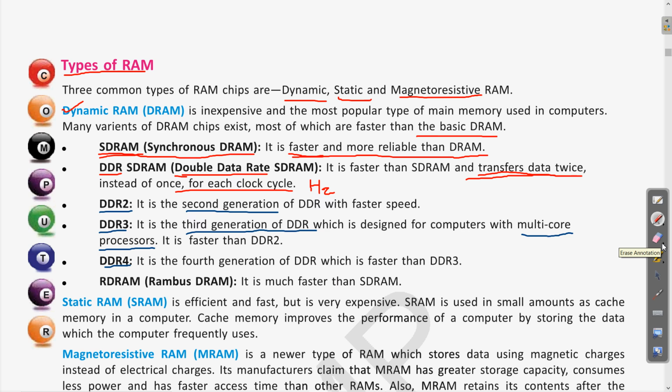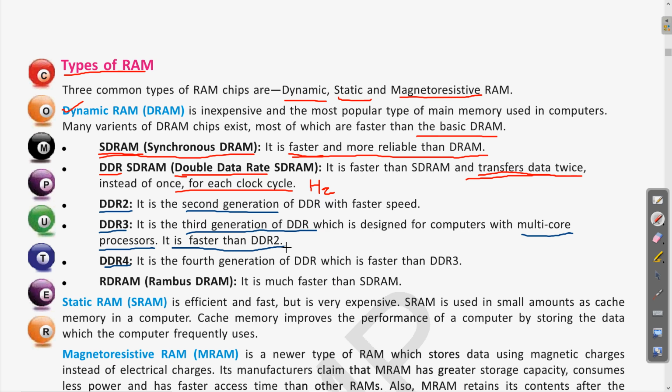We use dual core, and these days if you are using Intel processors, we have i3, i5, i7, which you can say indicate the number of cores. So you can correlate that DDR3 RAM is used in multiple cores. Obviously, if it is used in multiple cores, it will have much greater capacity than the previous DDR or DDR2. So it is faster than the DDR2.